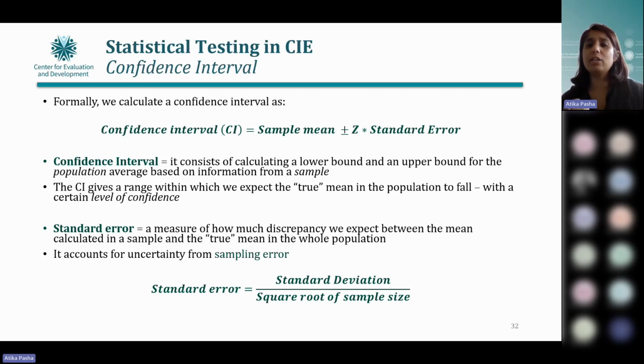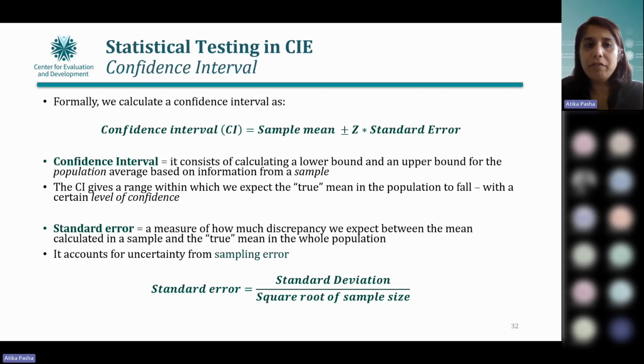So effectively, it is telling you the range within which the true population mean can fall, and it gives you this with a certain level of confidence. Again, we're talking about confidence in terms of the true mean of the population falling within or close to the sample mean of income.